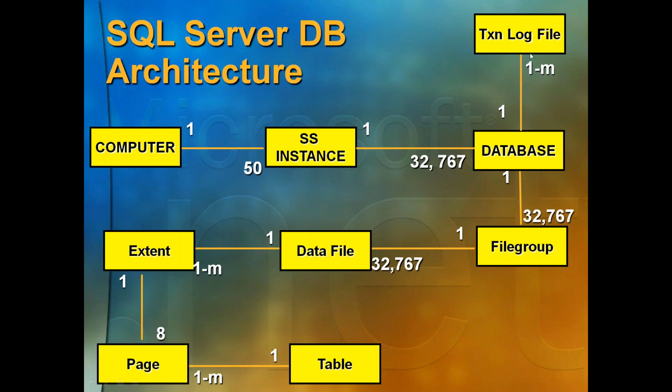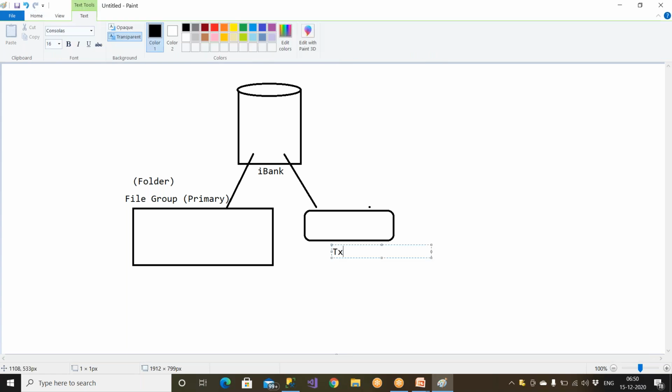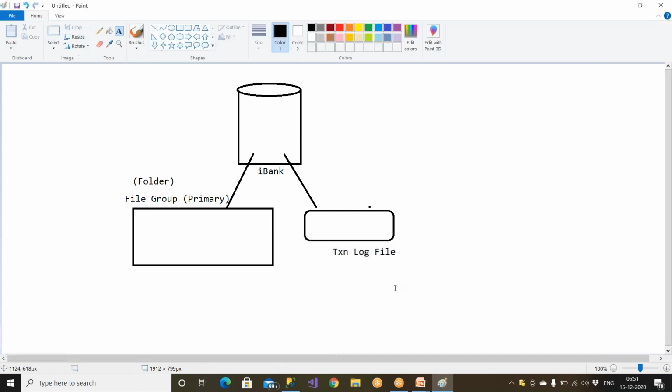And you are going to get one transaction log file. So you are getting one more file. This is what is called a transaction log file. Clear? So we are going to have a path. A file means there is a path, right?